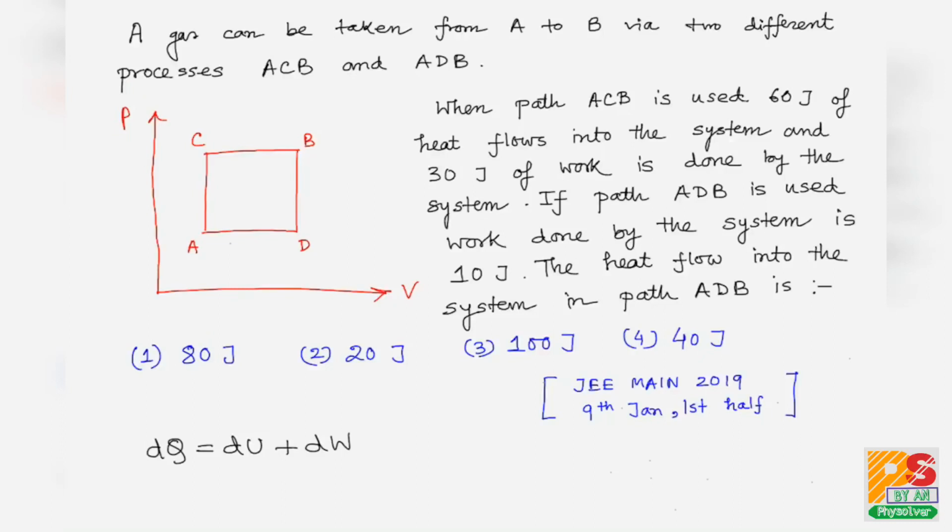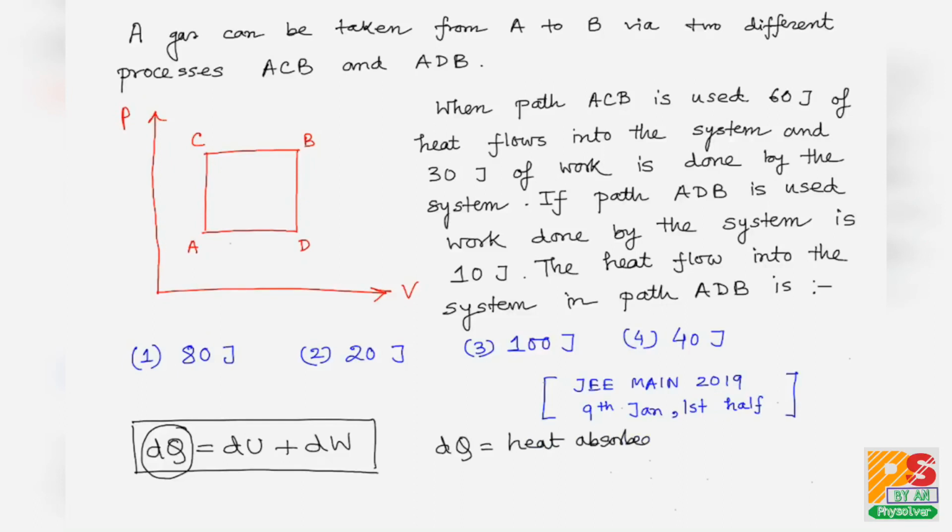Now when we use this form, always remember dq is the amount of heat that is absorbed by the system. This is very important. Understand this very clearly. dq is the heat which is absorbed by the system, or you can say the heat that is given to the system from outside.